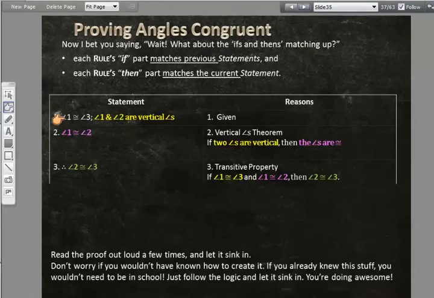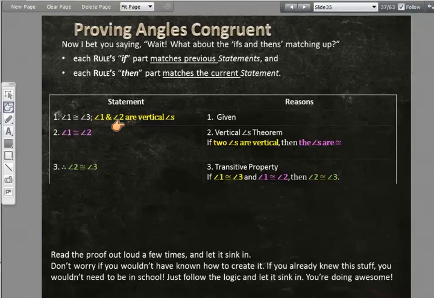Look here. This was our given. And this was the second statement that we made. Well, we know angle 1 is congruent to angle 2. How did we know that? Because of vertical angles. But let's look at the if-then statement. It says if two angles are vertical, notice how I highlighted both of them with yellow.